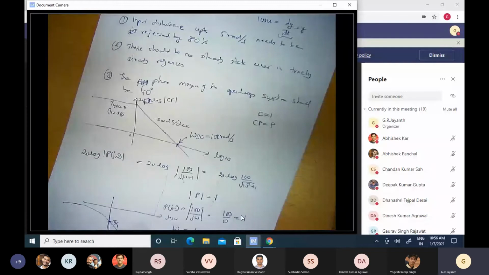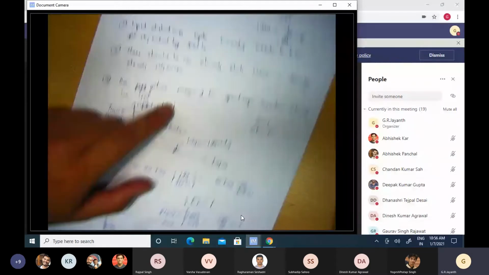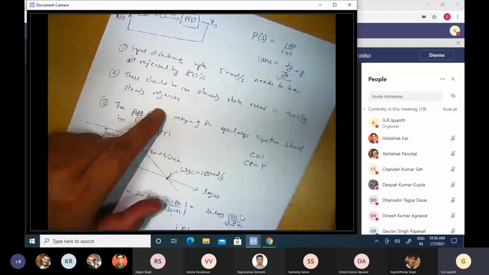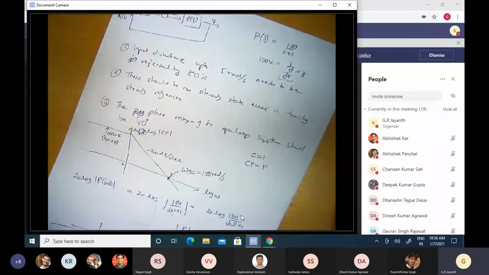There's going to be perfect rejection of disturbances, perfect tracking of references, perfect robustness to plant parameter variations, everything at a particular frequency. Right now we have desired zero steady state error or perfect control performance for tracking steady references. Steady references are references that don't change with time.